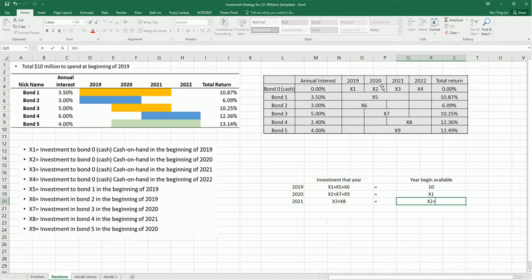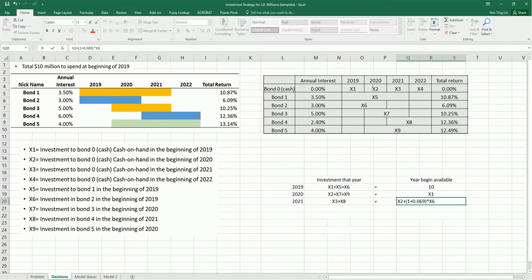plus bond 1, not mature yet. Bond 2, yes, it matures at the end of 2020. So how much can we get out of it? Well, the total return is 6.09%. So that means we will get 1 plus 0.0609 times X6.